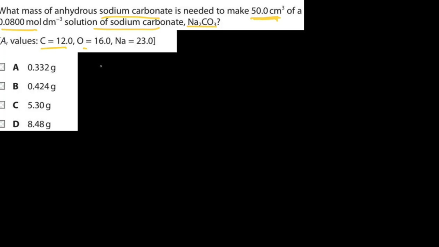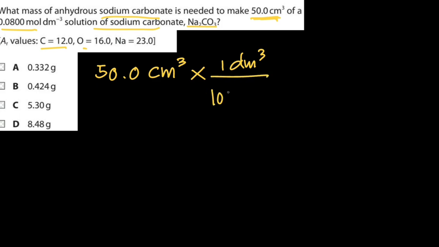We convert that to cubic decimeters, so we can get the number of moles of sodium carbonate required. So that is 50.0 cubic centimeters. So we just divide this by 1000. So 1 cubic decimeter per 1000 cubic centimeters. So that is 50 divided by 1000.